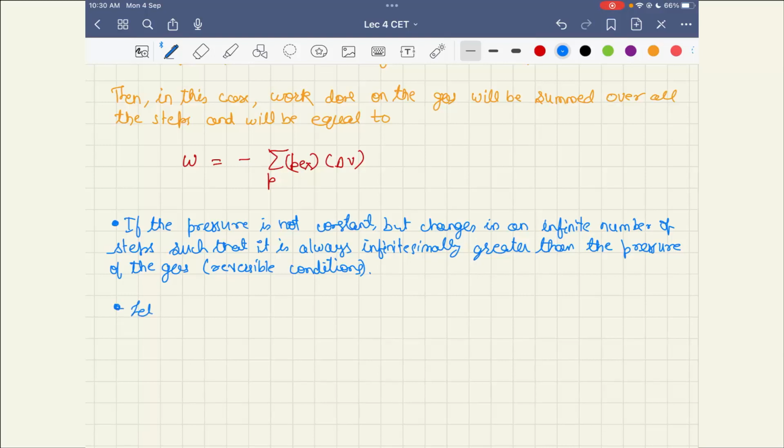So let at each stage the piston moves in an infinitesimally small distance dl.